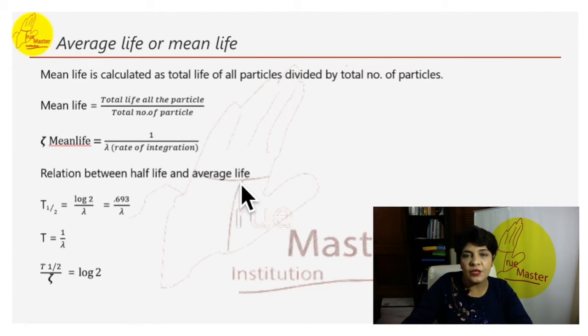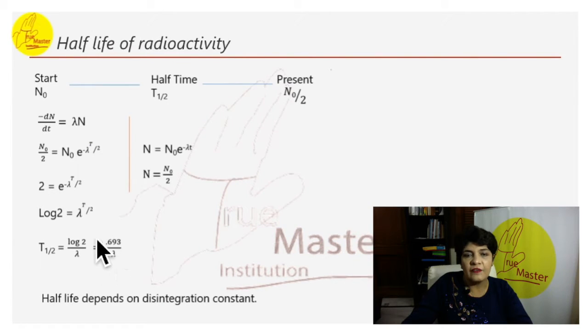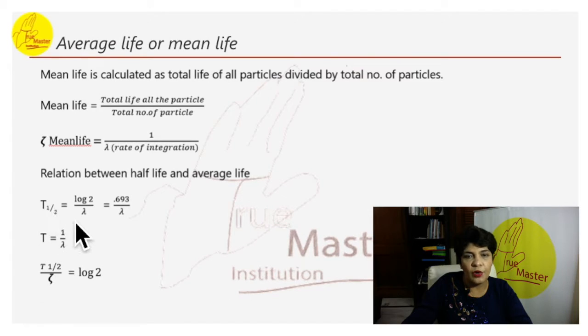Now, the relation between half-life and average life. We have just derived the formula for half-life: T half equals 0.693 by lambda.